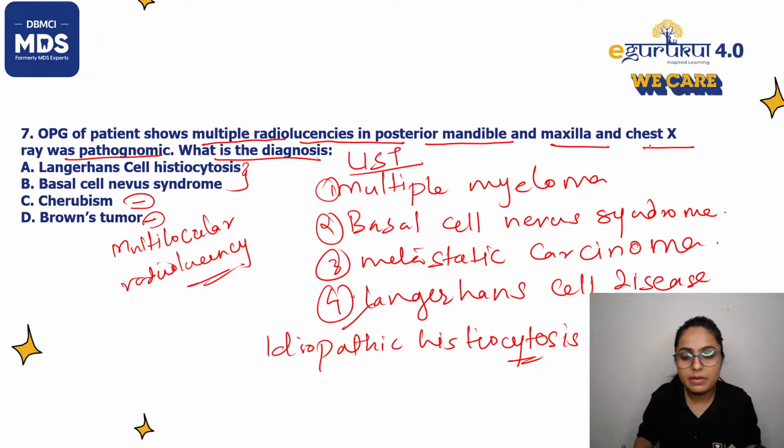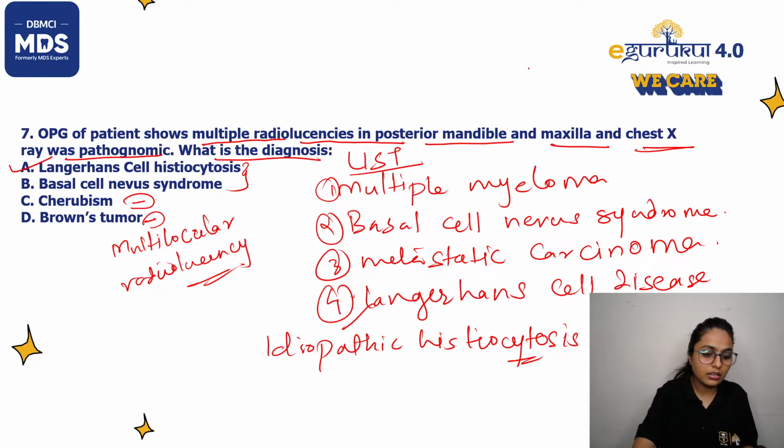They have clearly mentioned chest X-ray was pathognomonic. There is only one entity which shows lung involvement, which is Langerhans cell histiocytosis. So the answer should be Langerhans cell histiocytosis.